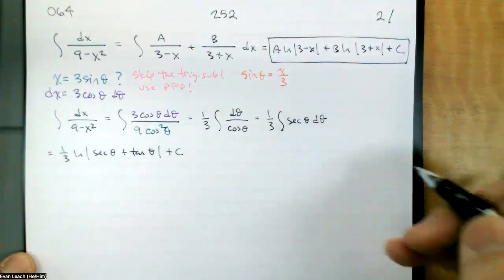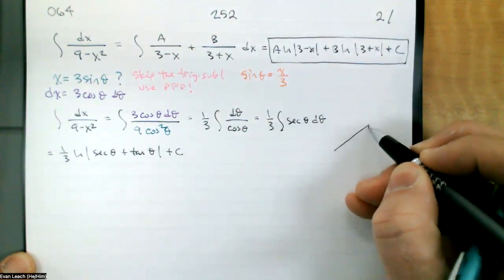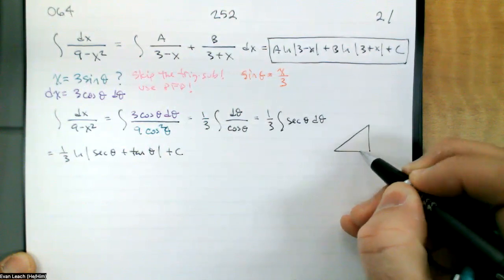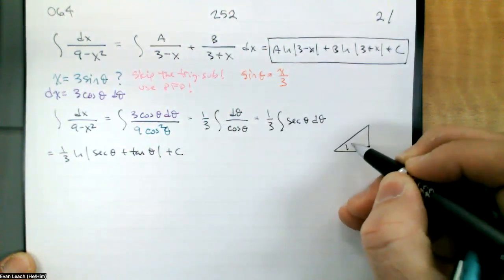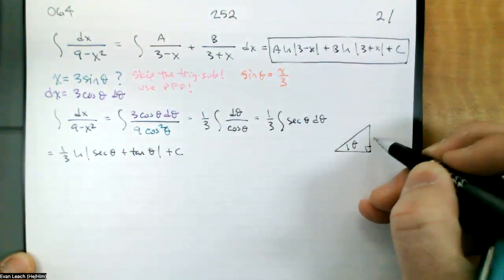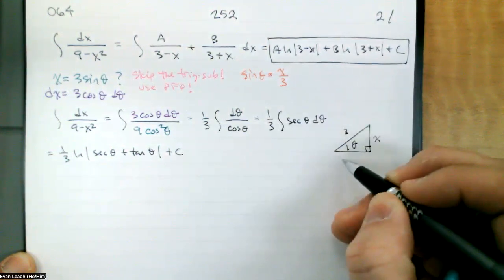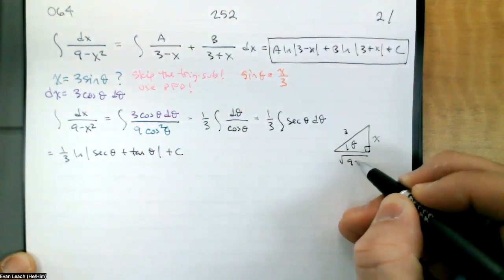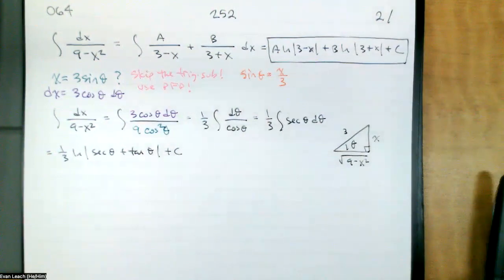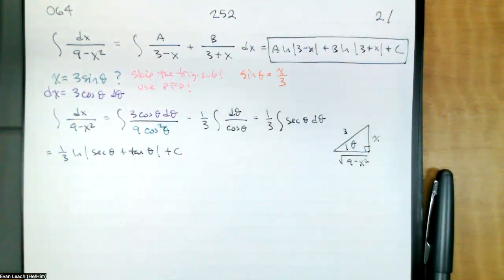So we're going to draw our little triangle. We're still drawing it because we're still new at this, but we know what's going to happen. We have opposite and hypotenuse, and so adjacent is square root of 9 minus x squared. The third side of the triangle is always the thing that got you into this situation in the first place.